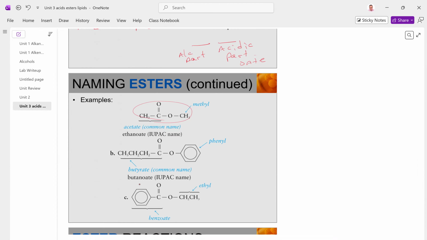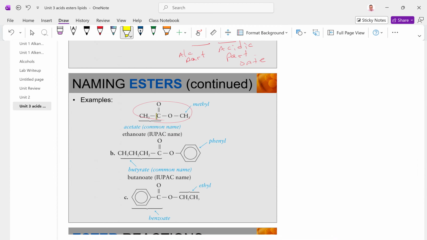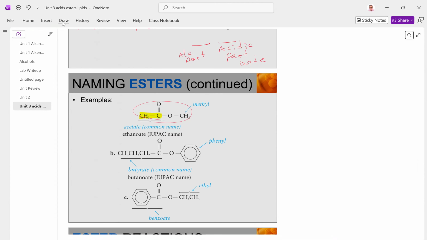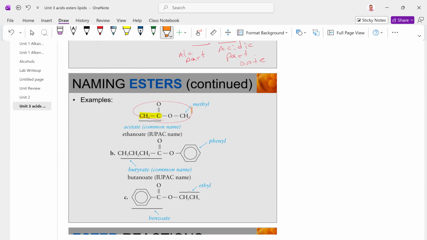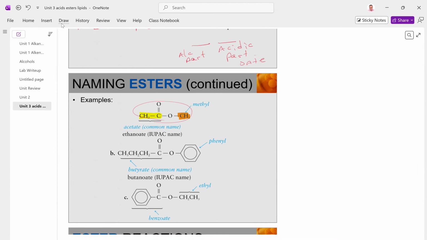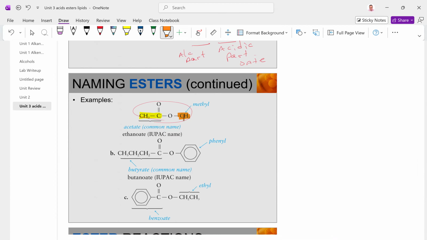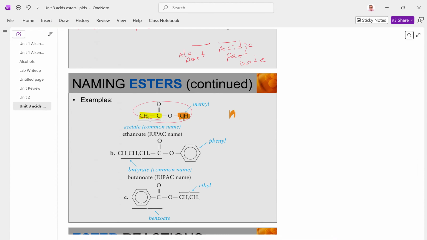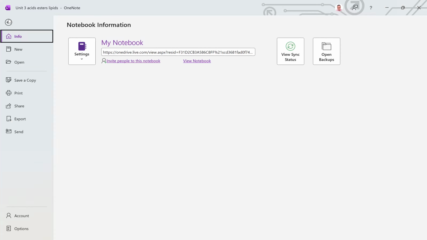Okay, so let's look at this. All right, so we have an acid part, and we've got an alcohol part. So let's put these together. So we're going to go methyl.